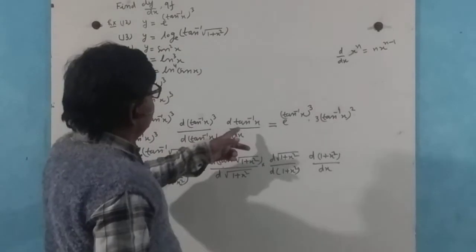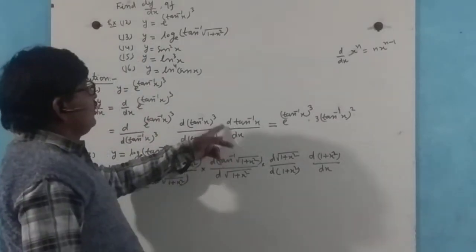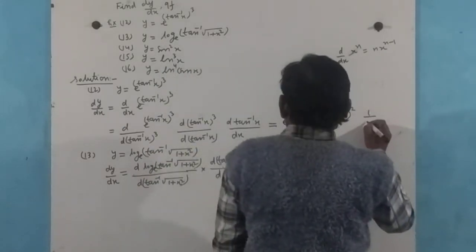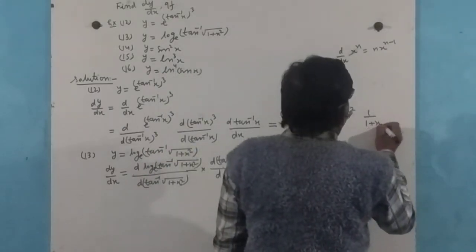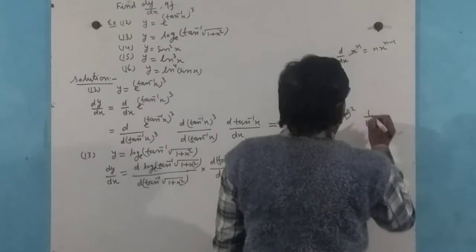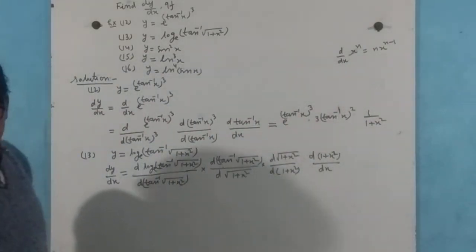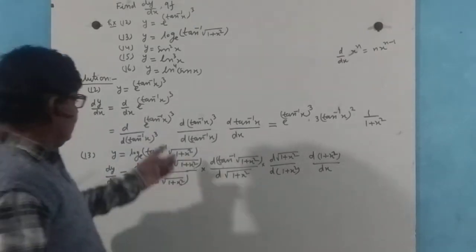And in this case, d by dx of tan inverse x is equal to 1 by 1 plus x square, so that this is our answer.